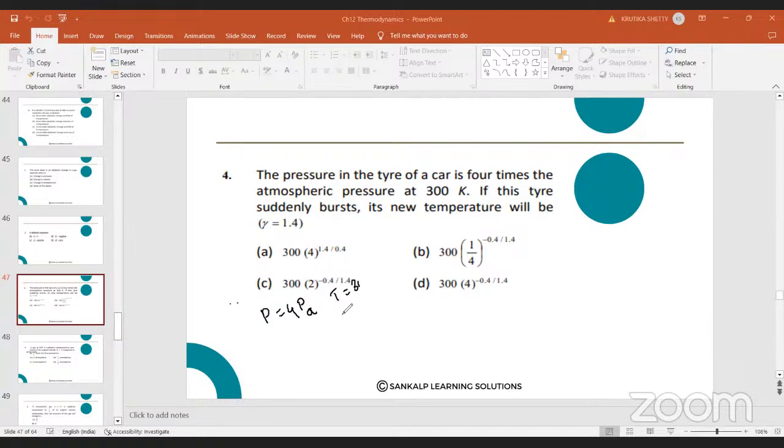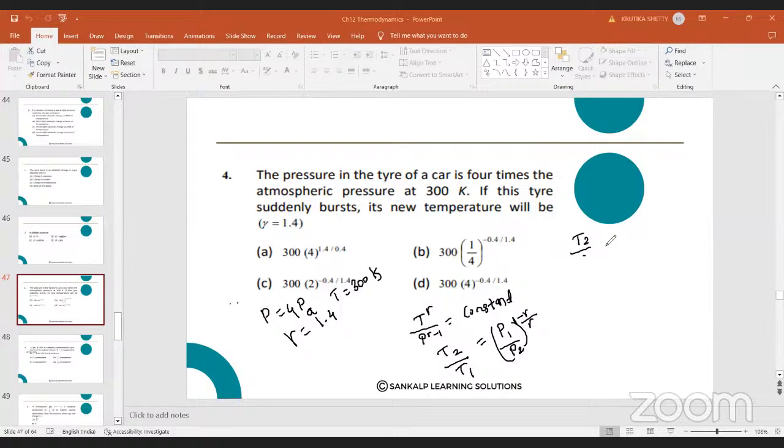According to adiabatic process, it is given by T raised to gamma in terms of T and P: T to the power of P raised to gamma minus 1 is equal to constant. Then T2 divided by T1 is equal to P1 upon P2 to the power of 1 minus gamma upon gamma. Here we require only T2.